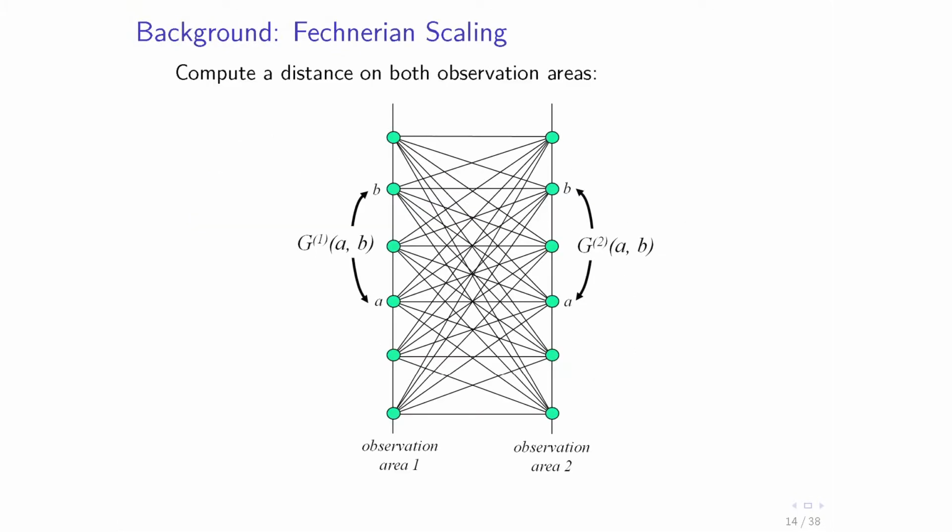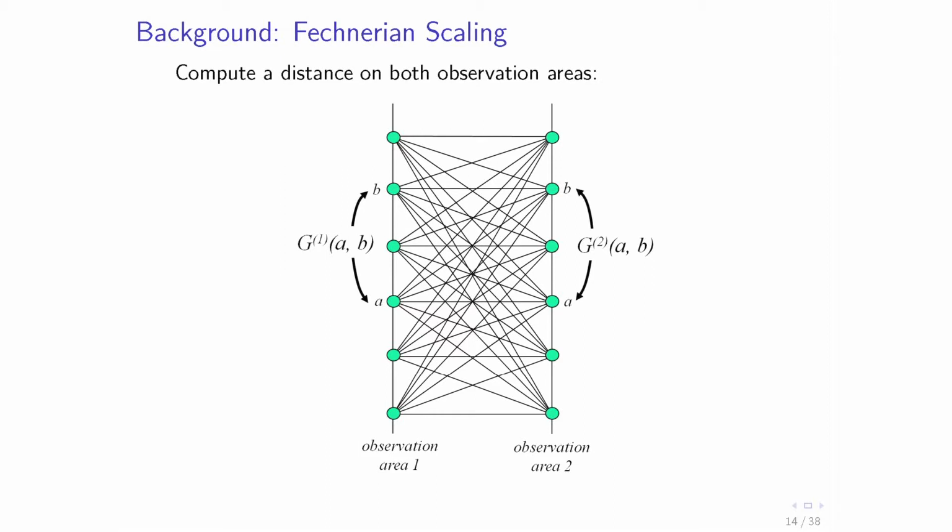Let's assume, just for illustration here, that we have stimuli, and they are all in the first observation area, and these are all in the second observation area. So what we are computing actually is a distance between stimuli within one and the same observation area. So we compute the distance between stimulus A presented first and stimulus B presented first.